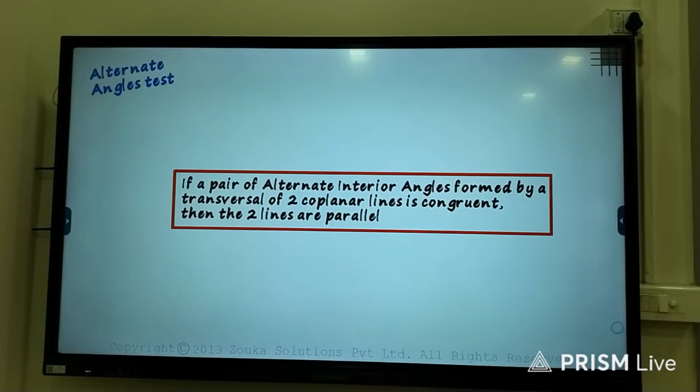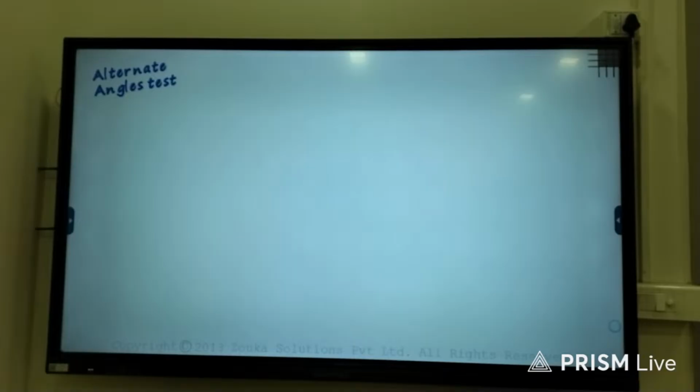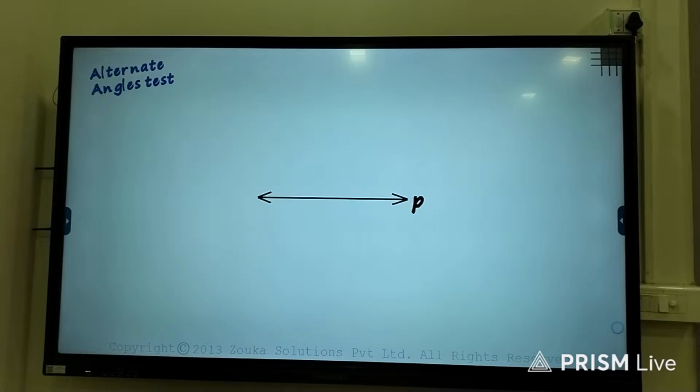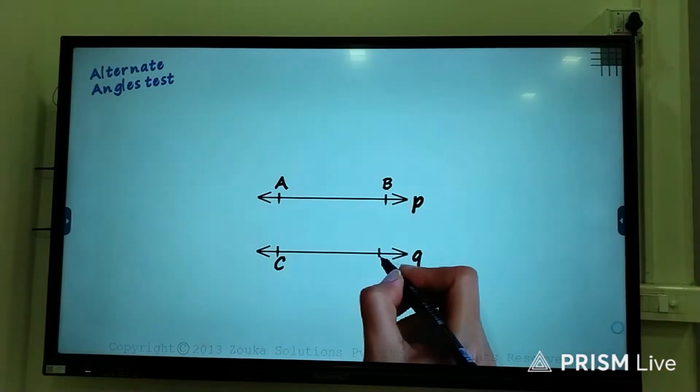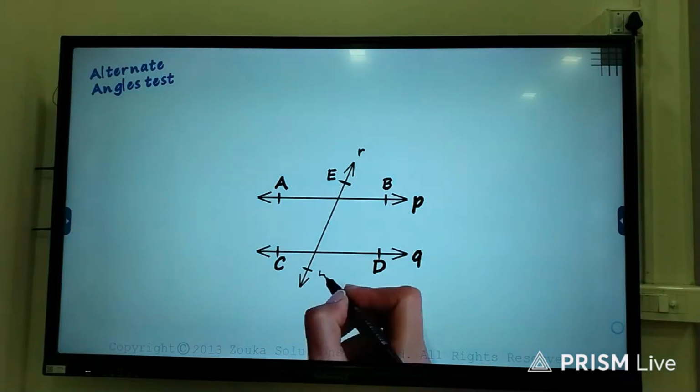And the best way to prove anything in geometry is by representing it diagrammatically. We draw two coplanar lines and a transversal through them. Let one of the lines be line P. We can also call it line AB. This is line Q, which can be called line CD. This is transversal R, called line EF.